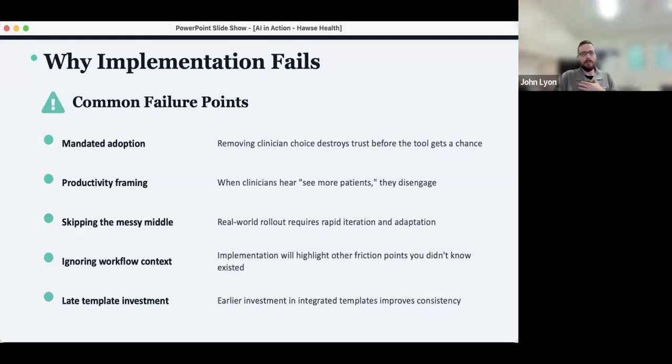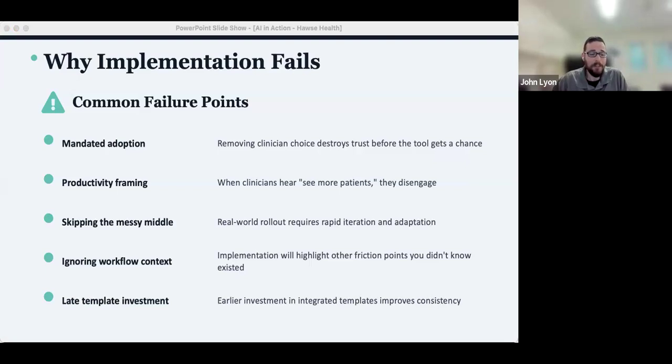All right, so I would say that there are usually kind of predictable ways that this kind of implementation fails. Mandated adoption tends to destroy trust before the tool even gets a chance.